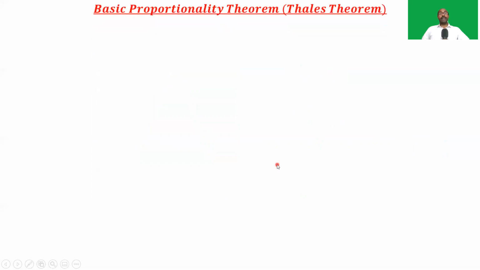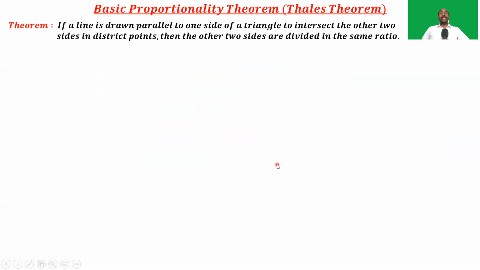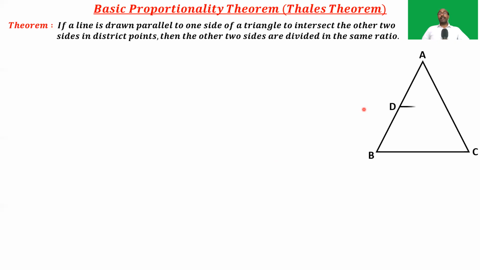And the theorem is, if a line is drawn parallel to one side of a triangle to intersect the other two sides in distinct points, then the other two sides are divided in the same ratio. So here we have a triangle ABC and draw a line DE parallel to BC.